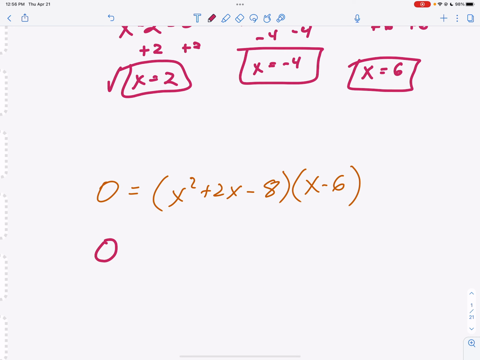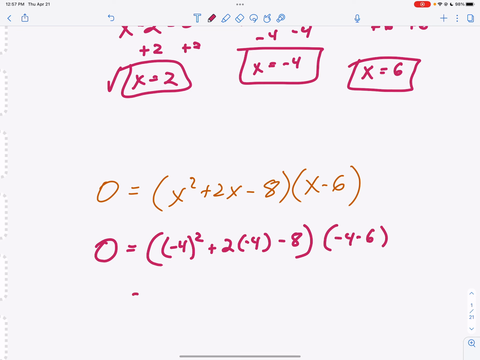Let's try plugging in negative 4. Confirming your solutions is usually a really good idea. Now I'm just going to replace my x with my new x to see if this is still equal to what I need it to be. And so I get negative 4 squared is positive 16. 2 times negative 4 is negative 8.